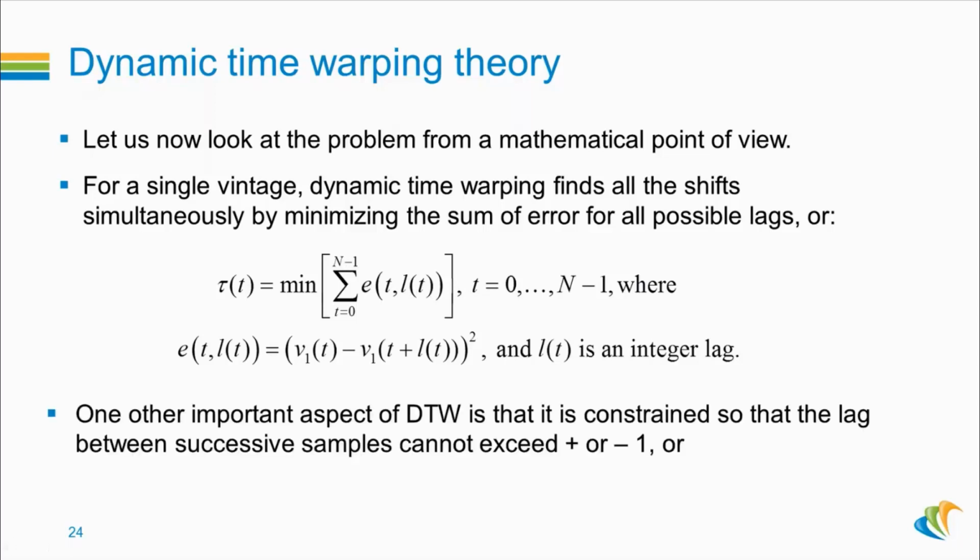Another important aspect of dynamic time warping is that it's constrained so that the lag between successive samples cannot exceed plus or minus 1. In other words, tau of t minus 1 is less than or equal to 1, which is important so you don't have busts in the actual result.